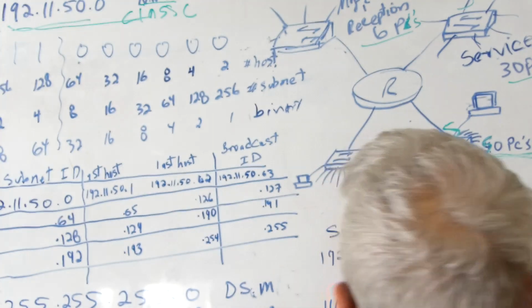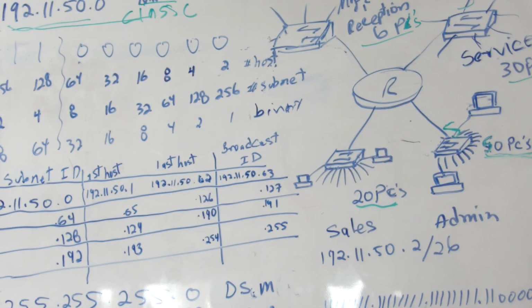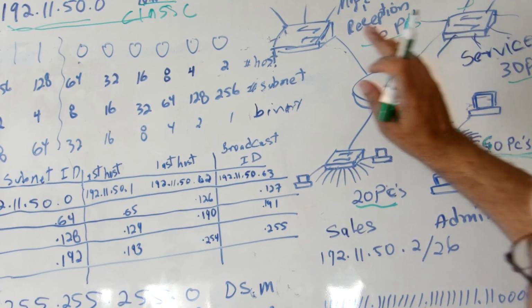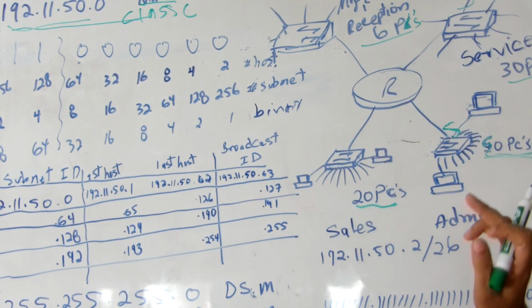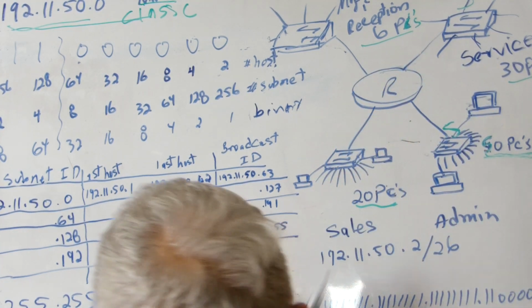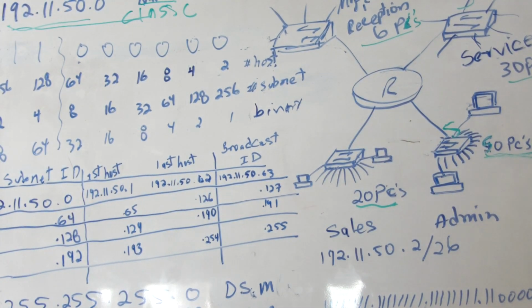It's going to be 255 IP addresses. The first one goes for the network, and the last one is going to go for the broadcast ID. We will talk about this later. So what's going to happen? They tell you you have 4 networks here, subnetworks.